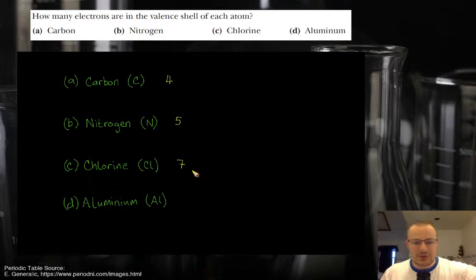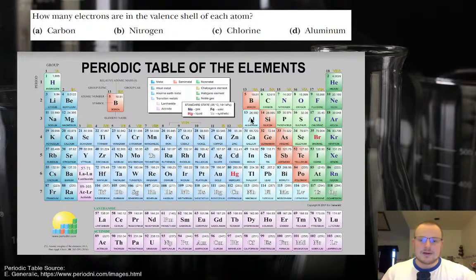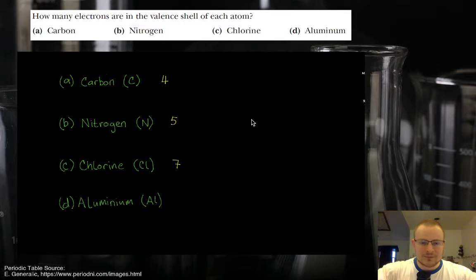Now we have aluminum or aluminium, and we'll take a look here. This is also in period 3, so it has 2 in its first shell, 8 in its second shell, and 1, 2, 3 in its third and outer shell, in its valence shell.